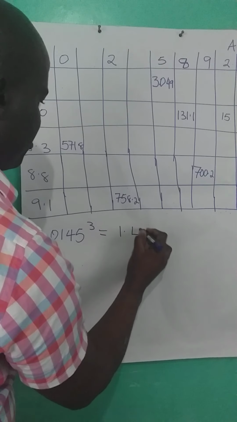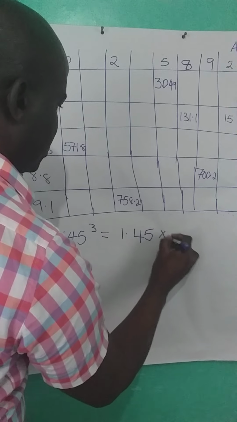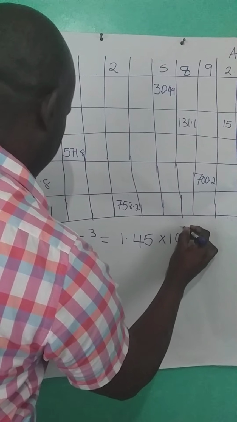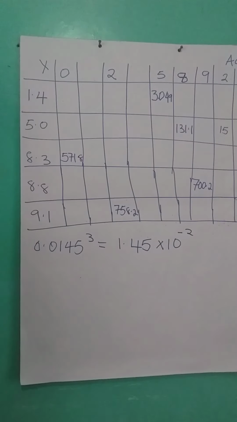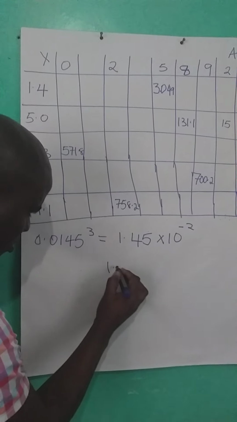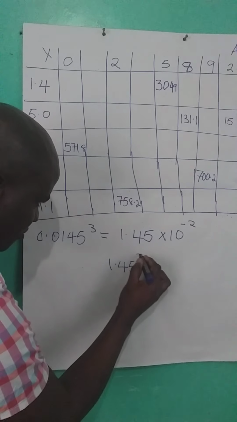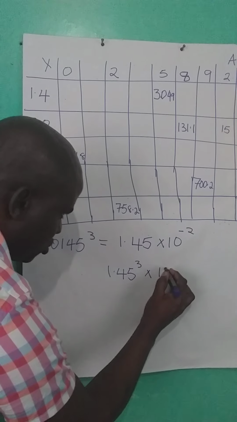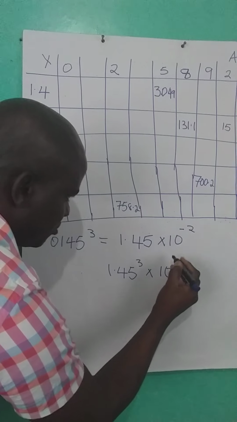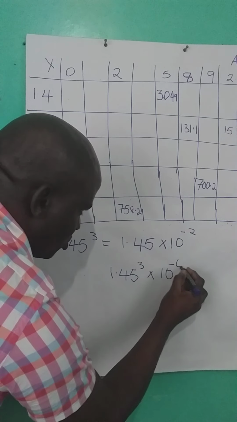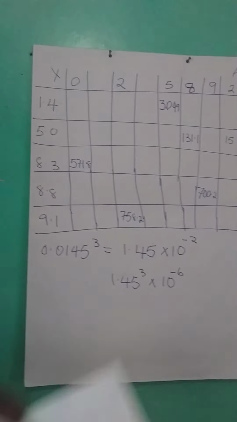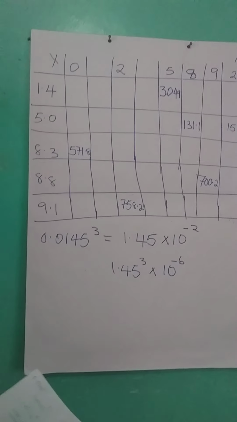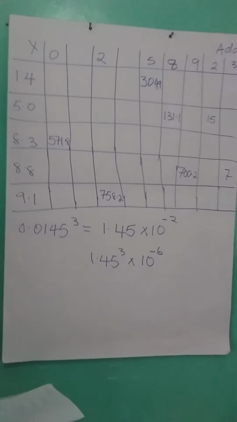That will be 1.45 times 10 raised to power negative 2. Then we cube 1.45 and we also cube 10 raised to power negative 2, which will get 10 raised to power negative 6, because negative 2 times 3 is negative 6.